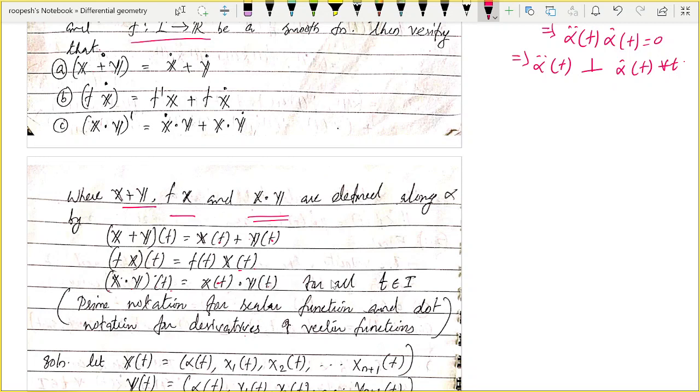The prime notation, that means when you are having a dash, this notation is called the prime notation. The prime notation is for scalar functions and the dot notation for the derivative of vector functions, which we are following.